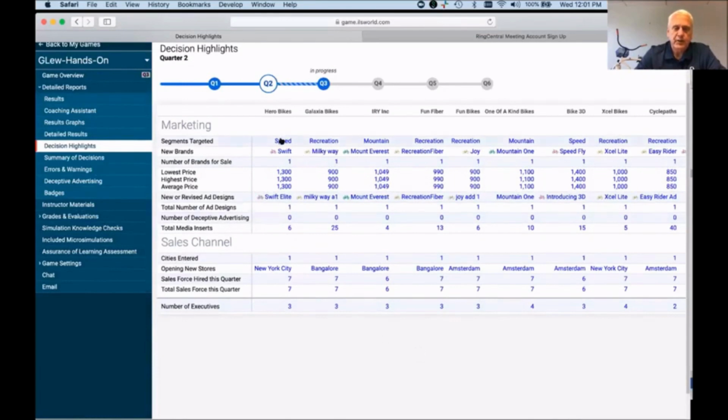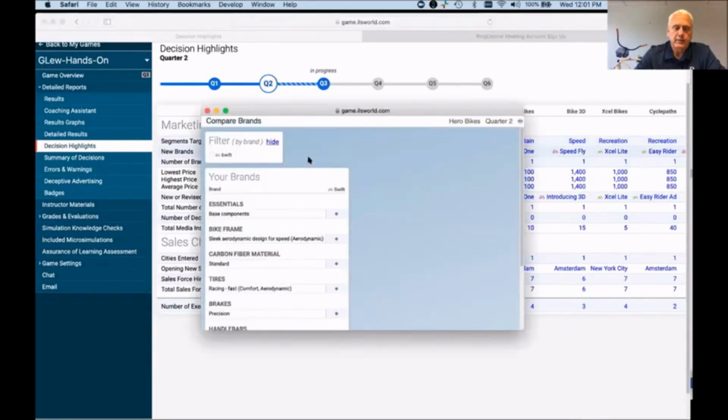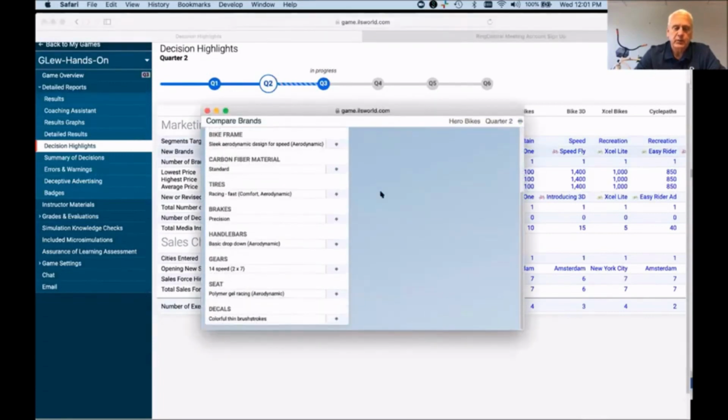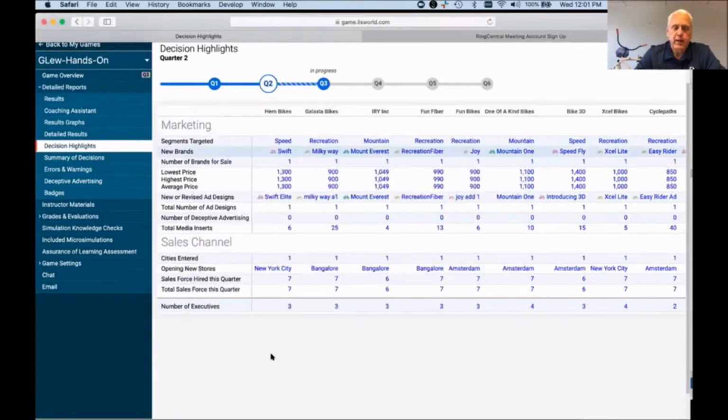And if I wish, I can go in and see what a brand is, how it's been designed. So there's a lot of material in that detail. If I'd like, I can see where everybody's opening up new outlets, and these things are really, really handy.